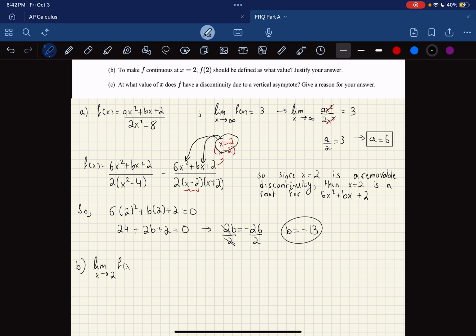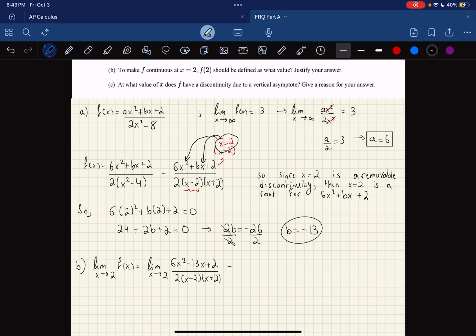So the limit as x tends to 2 for f of x is the same as saying the limit as x is going to 2 for (6x squared minus 13x plus 2) over (2x minus 2)(x plus 2).